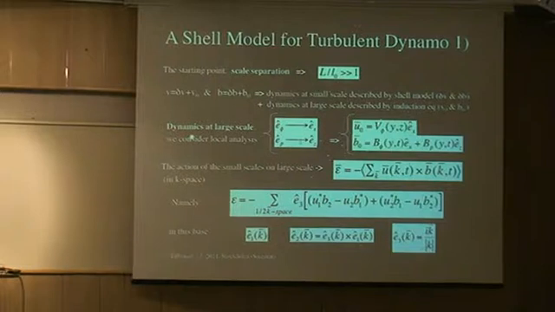Essentially, we can write the large-scale velocity field and magnetic field in this form. The term which describes the effect of the smaller scales on the large scale is the turbulent EMF. Essentially, this is a correlation between the velocity field fluctuation and the magnetic field fluctuation.